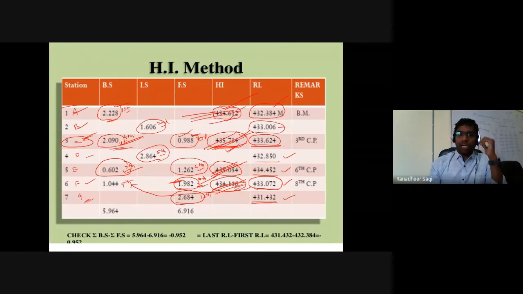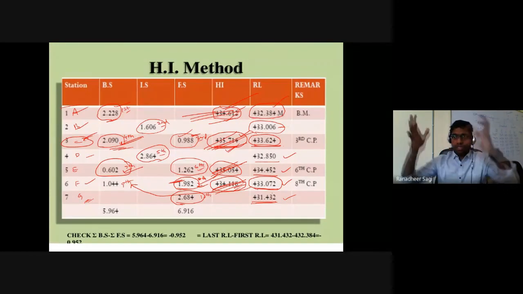Now, if the approach you are adopting for calculating the RL values is based on the height of the instrument, then after noting down the data properly in the table, listing it under backside, intermediate sight and foresight, follow two steps. The first step is to calculate, because that's the first time the instrument is set up on the ground, the corresponding height of the instrument.